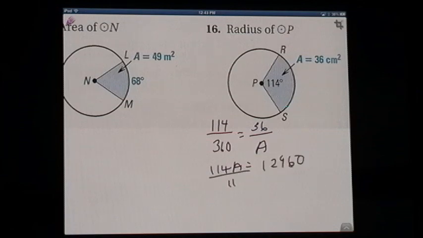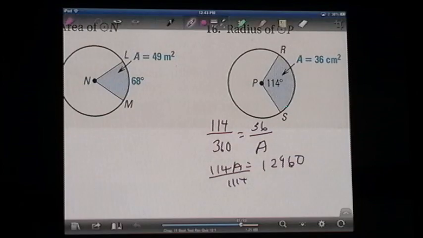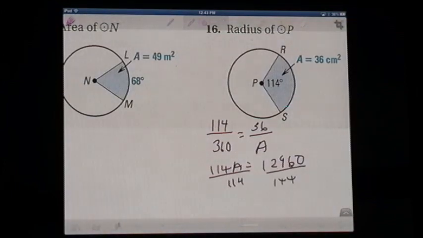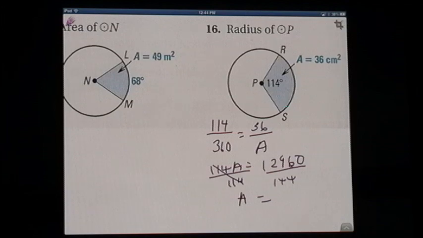And then you would divide both sides by 114. And that gives us 113.68. Whoops, I miscalculated earlier, 12,960 divided by 114.